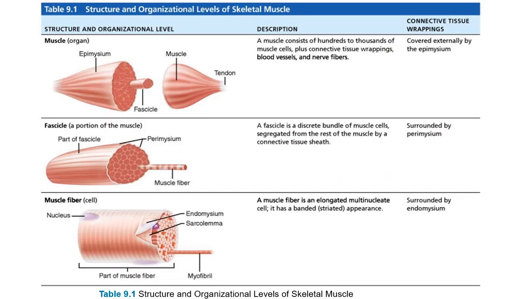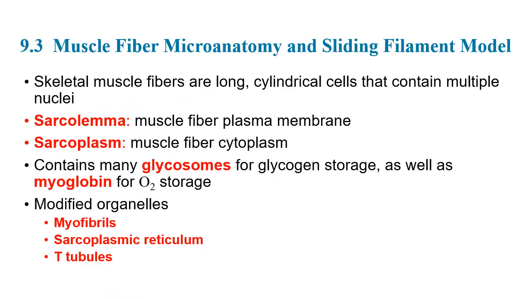Okay, so here is again just one slide, the levels of structure of the overall muscle. So now we're going to start getting into the microscopic arrangement of these muscles and how the muscle is working.